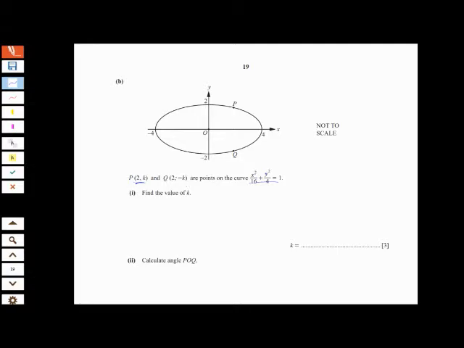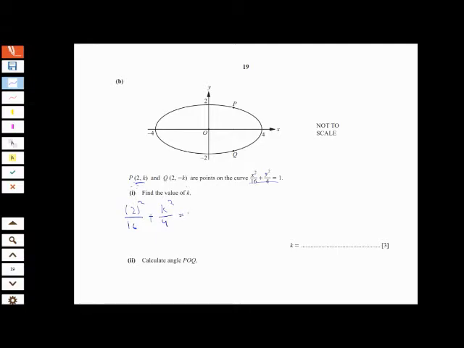Anyways, the first point. Substitute the first point in this equation. So x equals 2, plus y square is k, so it's k square over 4 equals 1.